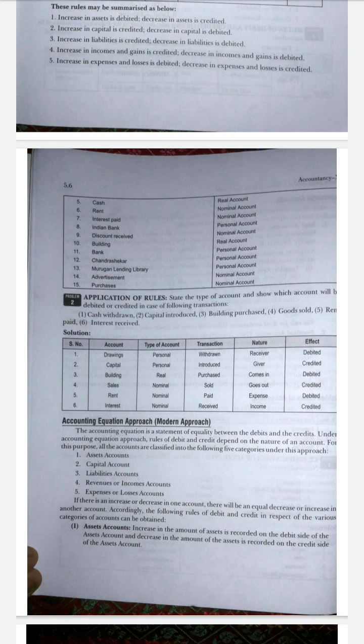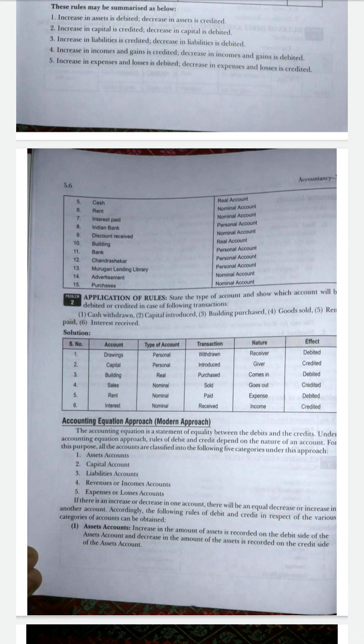Next we have to know that if there is an increase or decrease in one account, there will be an equal increase or decrease in another account. This we already studied. Now, some of the rules of debit and credit in various categories of accounts.